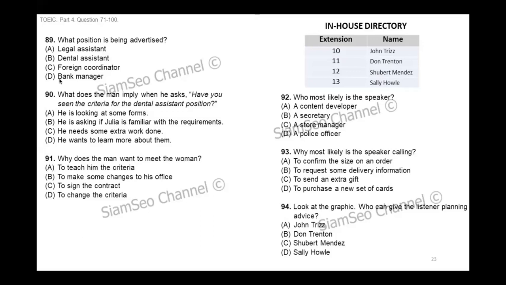Number 93. Why most likely is the speaker calling? Number 94. Look at the graphic. Who can give the listener planning advice?